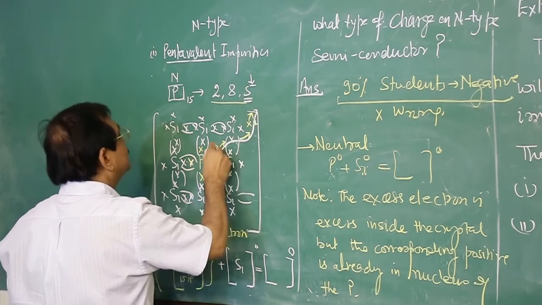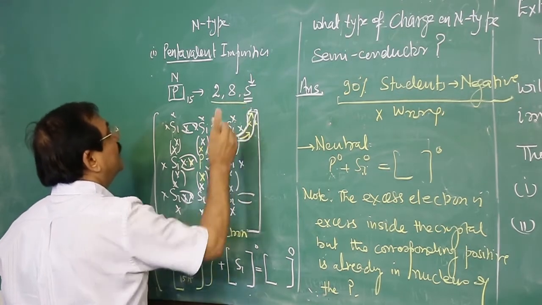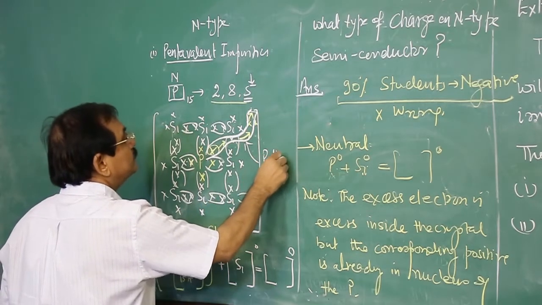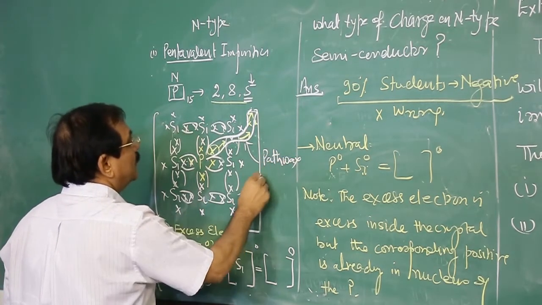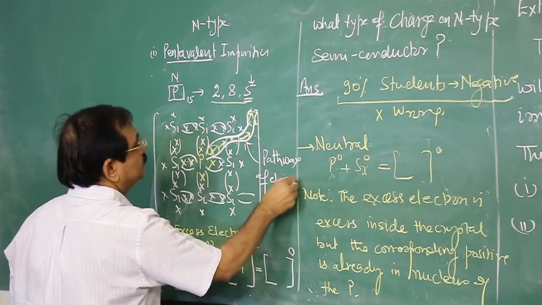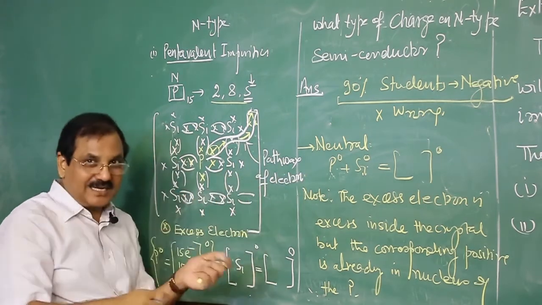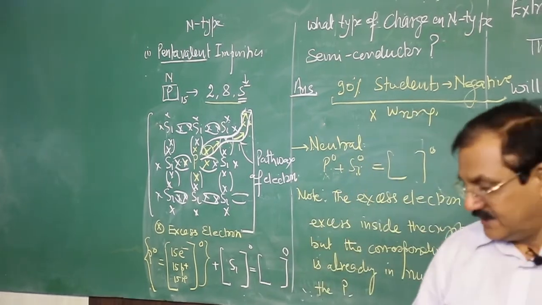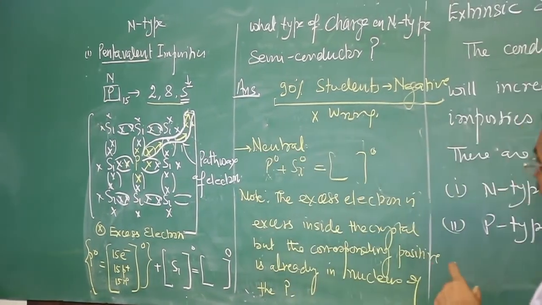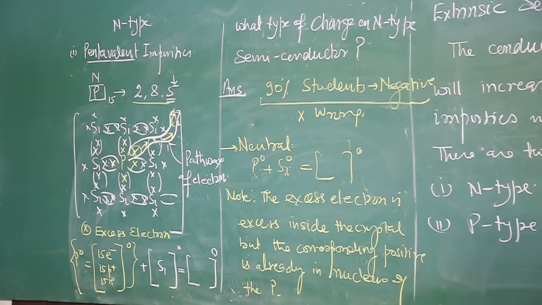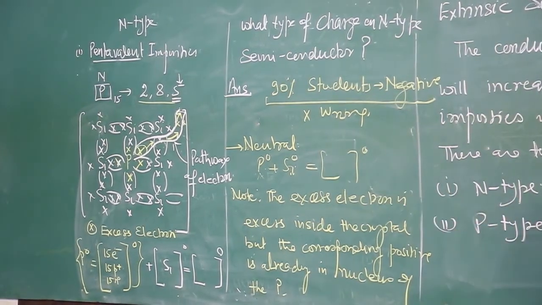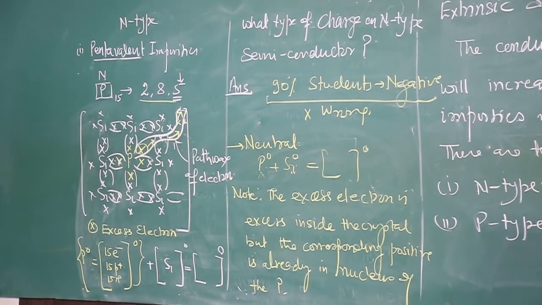This is one pathway of the electron, this is a second pathway, and in this way electrons move freely inside the crystal, and that is why the conductivity will increase in the case of an N type semiconductor.